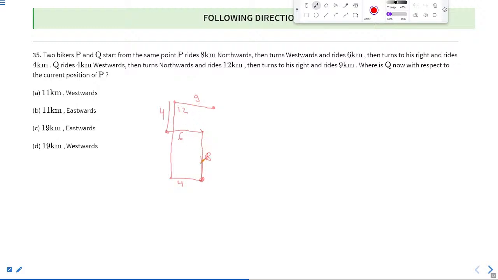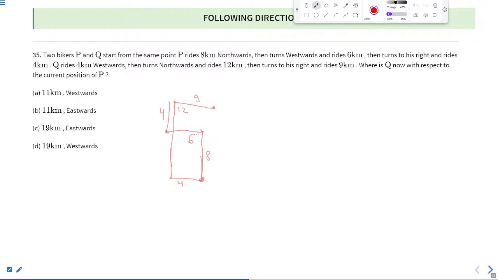Okay, so both of them move north by the same amount, 18 units. So the only difference is their movements west and east.